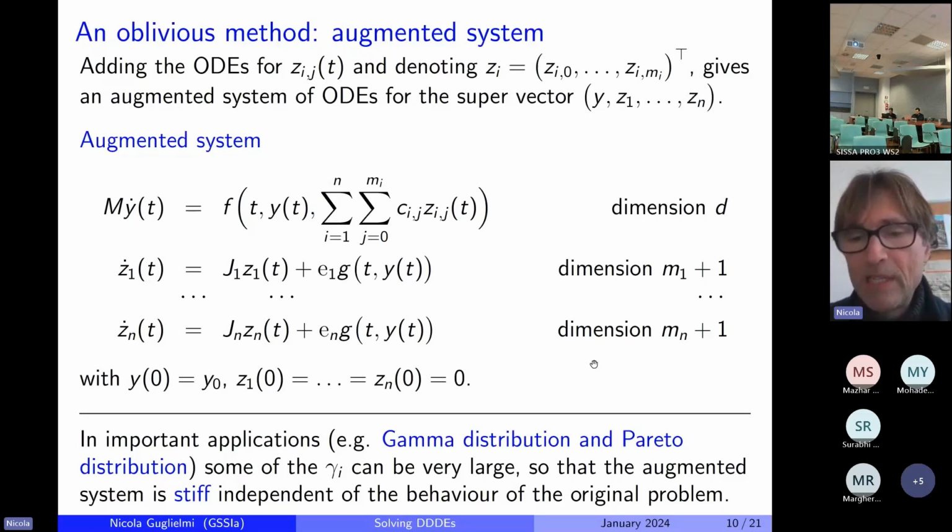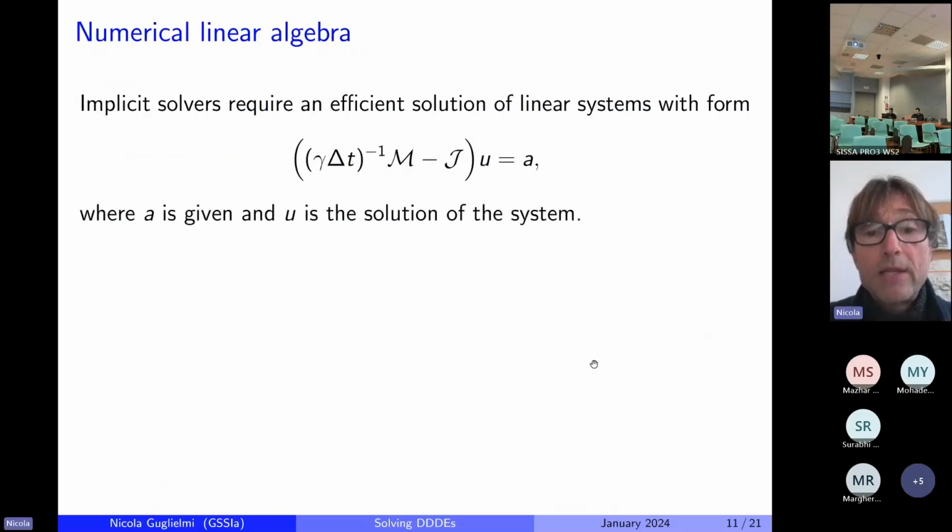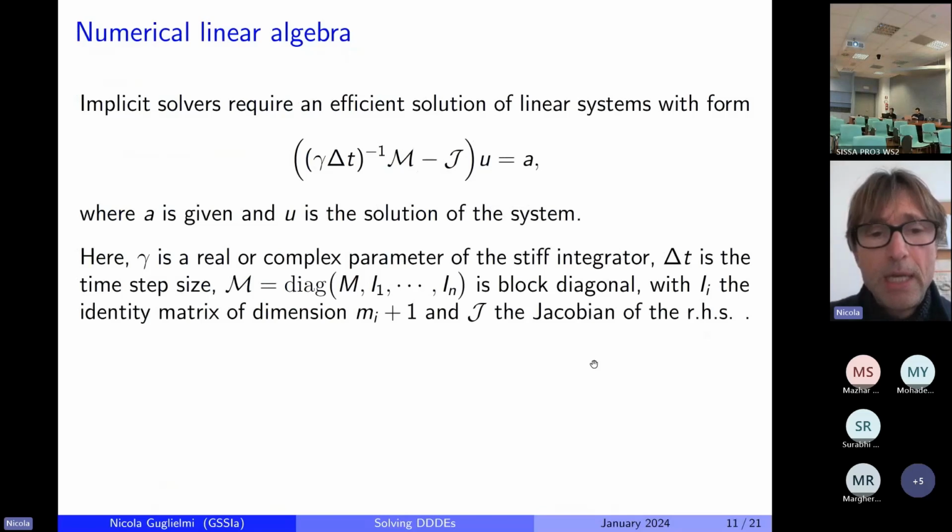So the use of an implicit integrator is not a choice, it is necessary. There is no possibility; one cannot use an explicit integrator. So as I mentioned before, we have to solve a system which now is an augmented system of this kind. Can we do it efficiently?